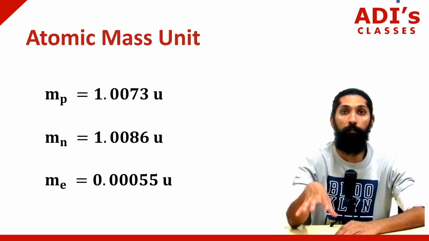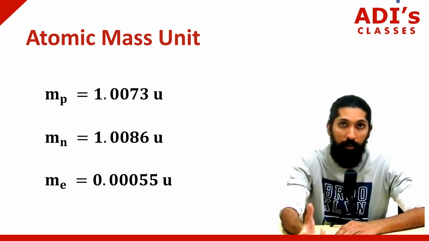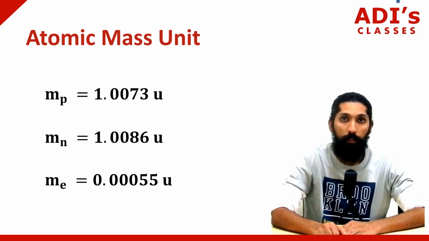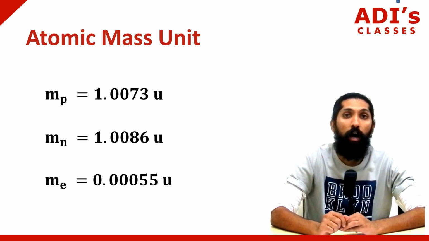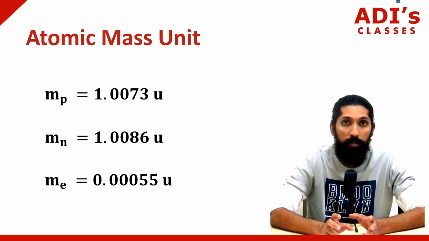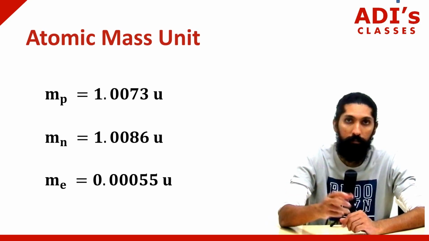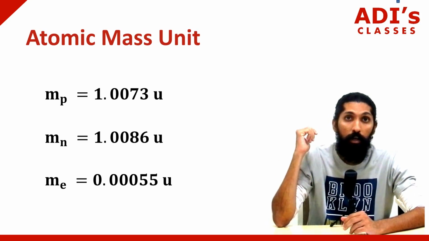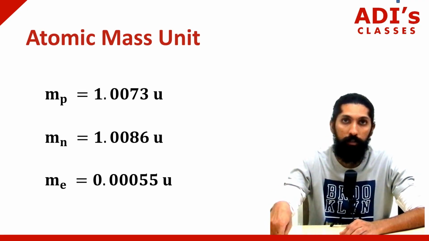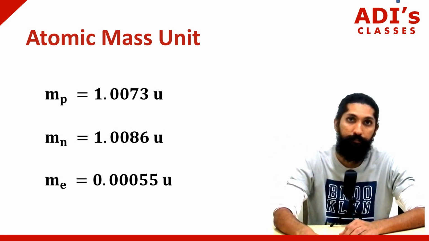That's why, remember in the previous videos I told you that atomic mass is only the mass of the nucleus and not the mass of electrons. This is the reason. Because even if you have hundreds, maybe even 1000 protons, 1000 neutrons and 1000 electrons, of course it doesn't matter, I'm just giving you an example, only the mass of protons and neutrons is considered, because the 1000 electrons make no difference.